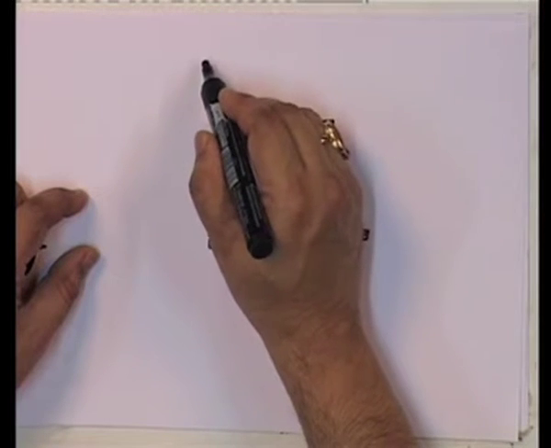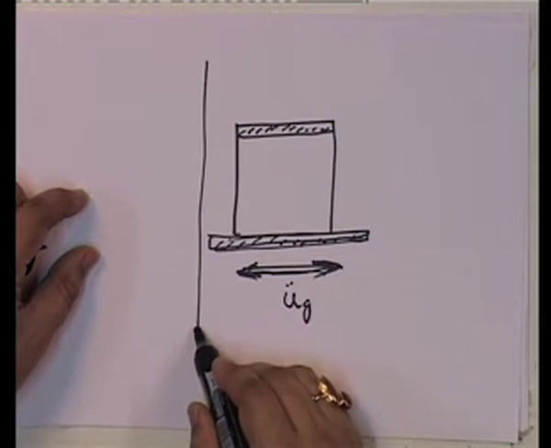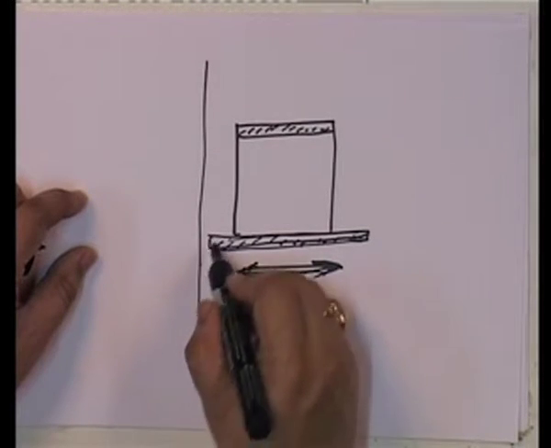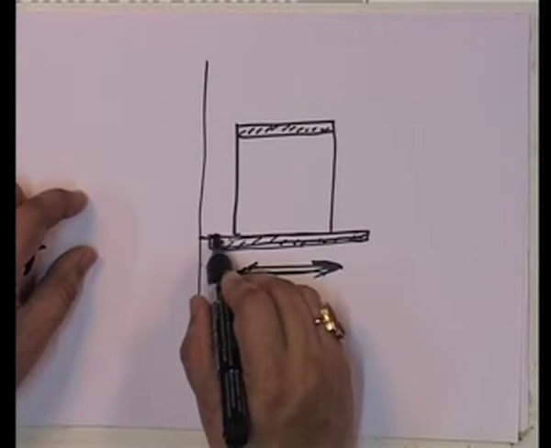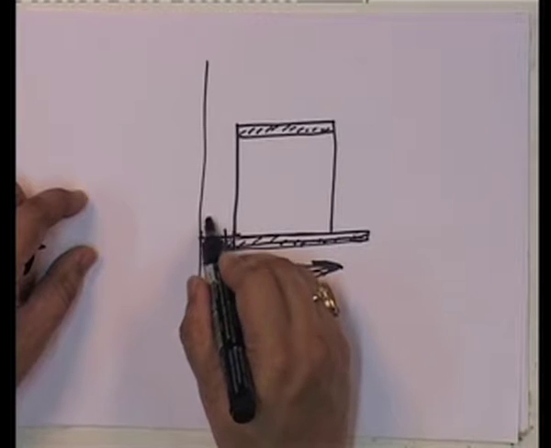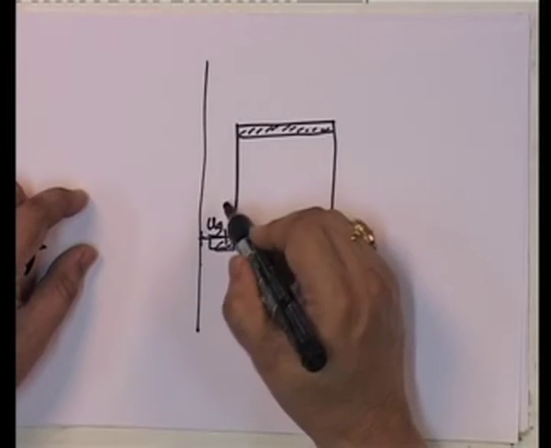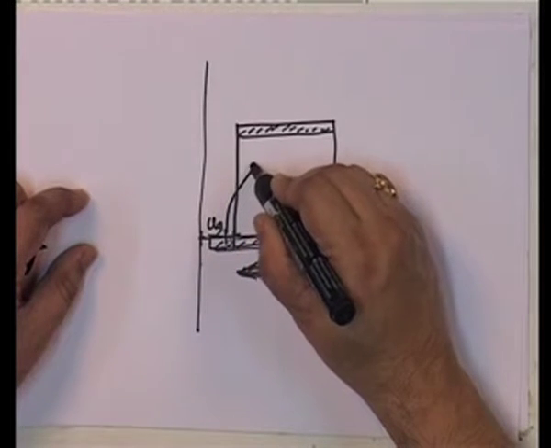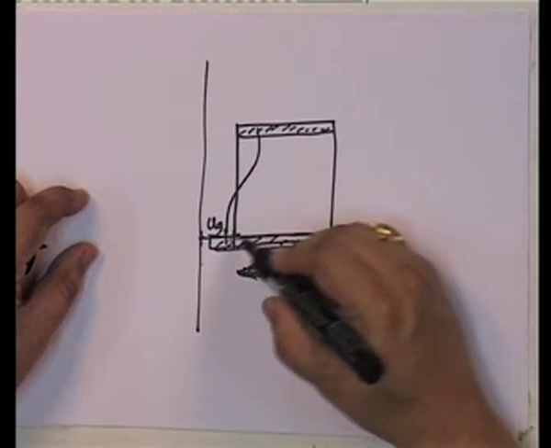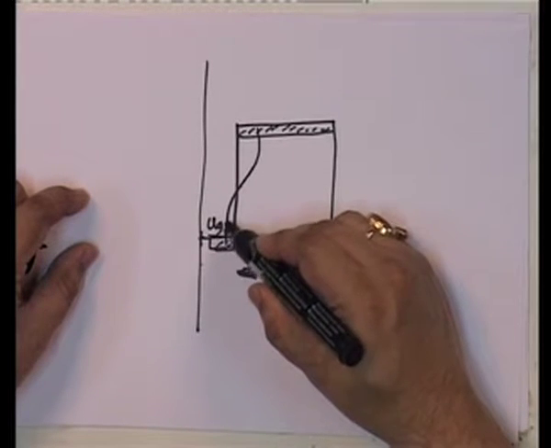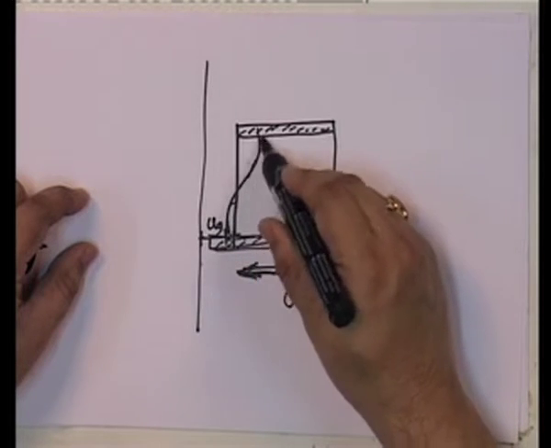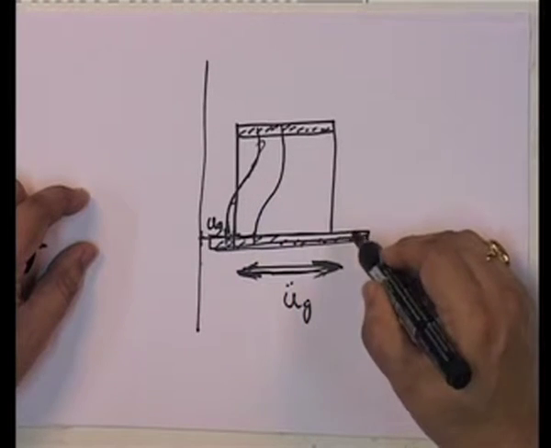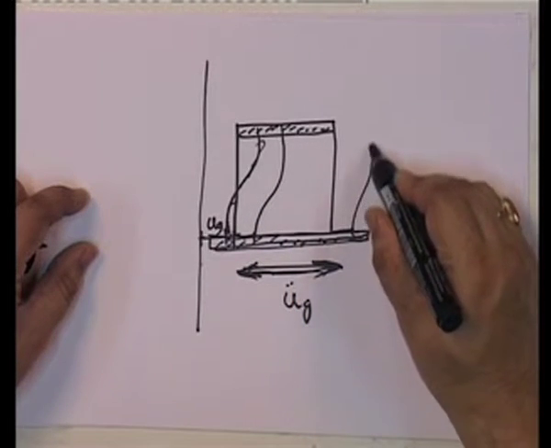You see, let us look at the inertial reference system. Now, at a particular instant of time, the ground itself, that is, the base itself will have moved by a particular amount u g. Due to the ground motion, this will have moved this much, and this will go like this.